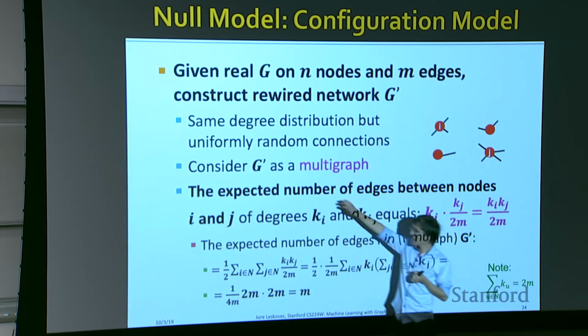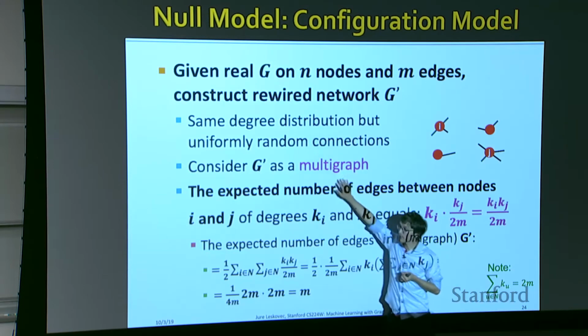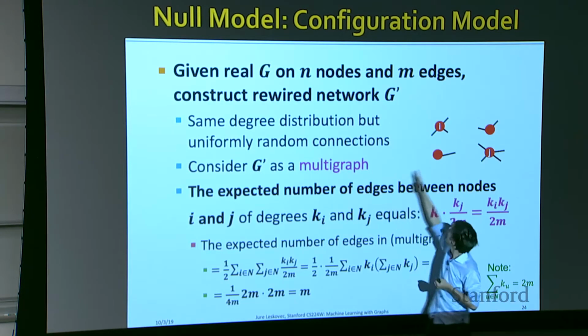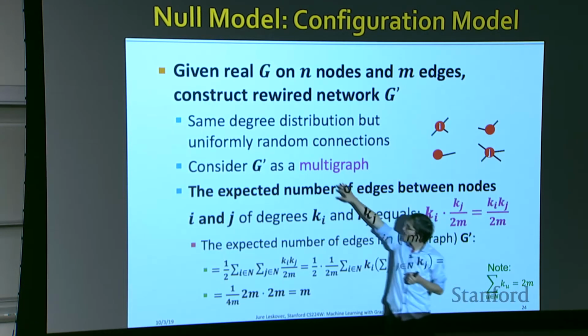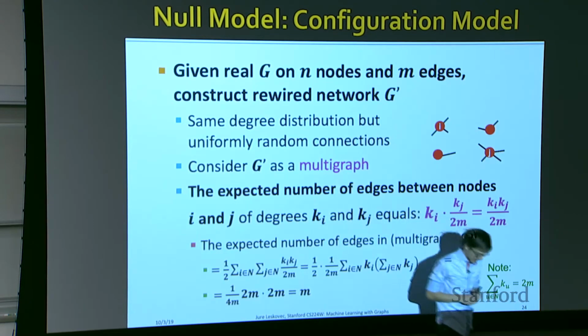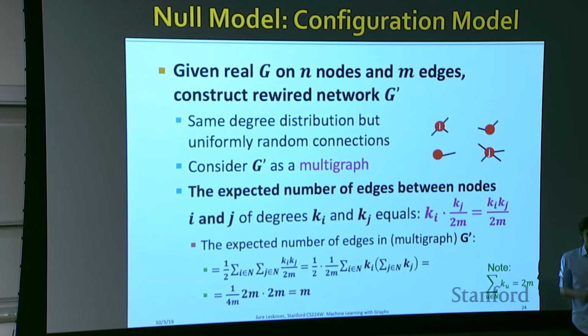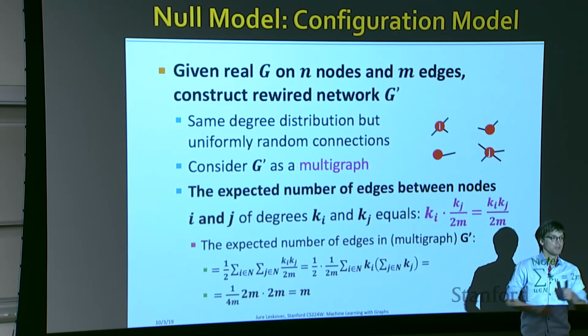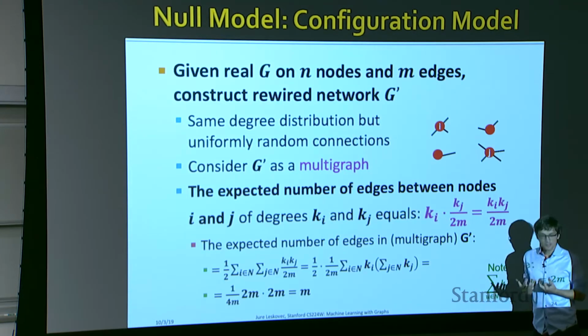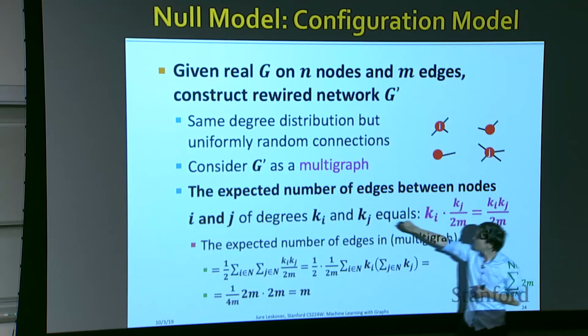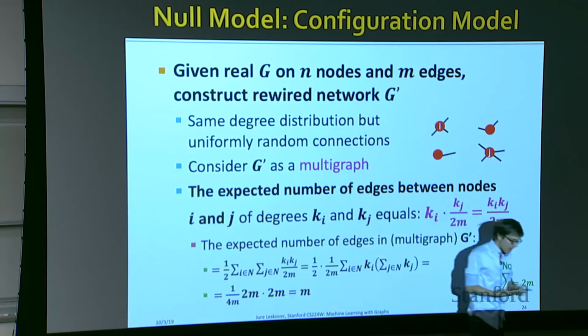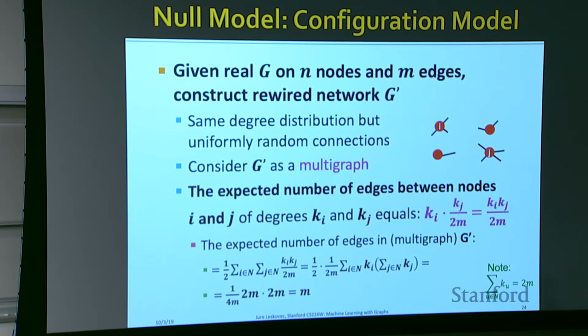Today we will extend this answer and consider this random graph with a fixed degree distribution as a multigraph. If you remember the first lecture, a multigraph is a graph where I allow multiple edges between a pair of nodes. So the question is, under this multigraph model, how many edges do I expect to see between a pair of nodes?